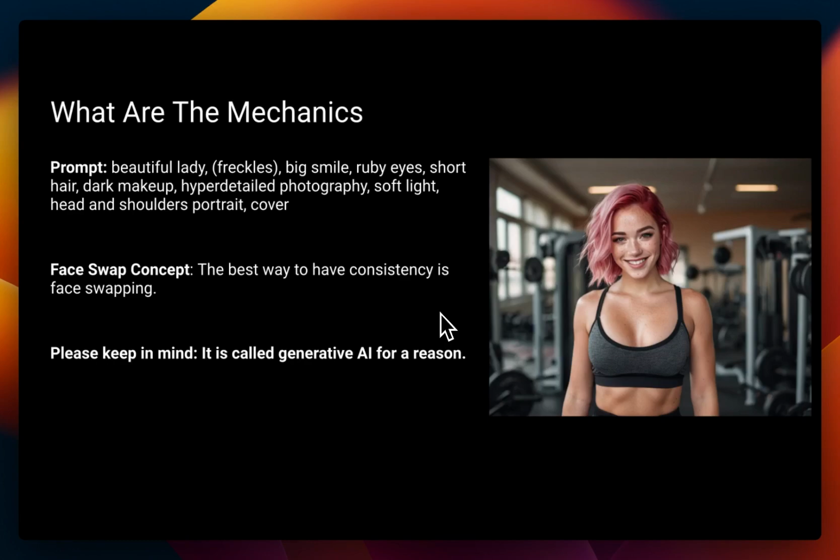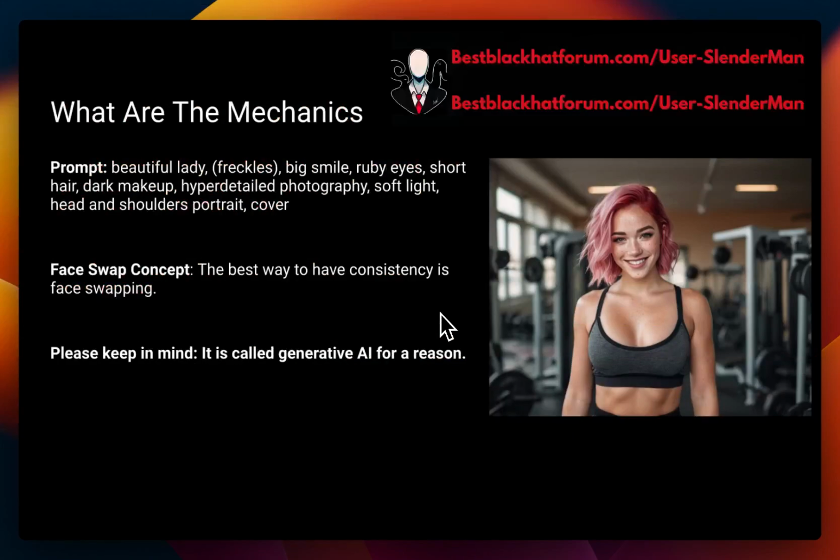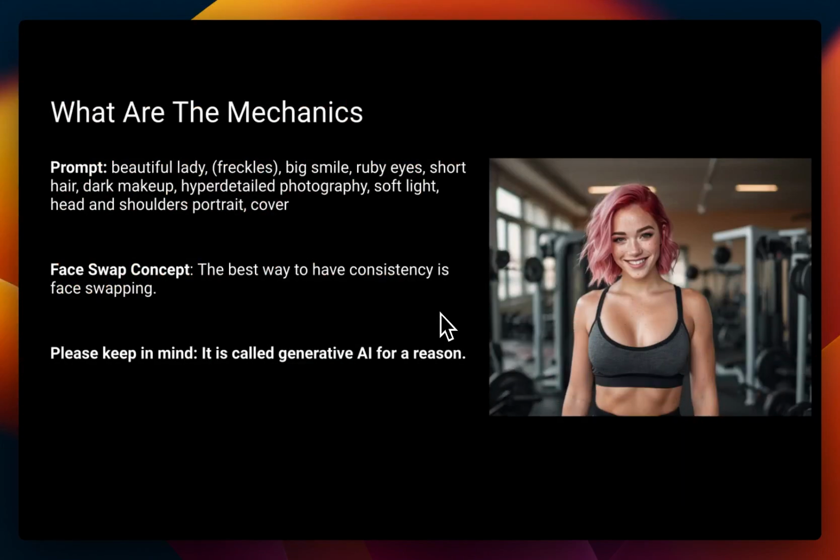And one important concept I want to briefly mention is the face swap concept, because AI right now is called generative AI for a reason, right? So the same prompt doesn't always result, or basically it never results, in the same pictures, right? So that's why, for an AI influencer, we need consistency. And the AI has far less trouble if it just has to change the face, and not always the complete body.